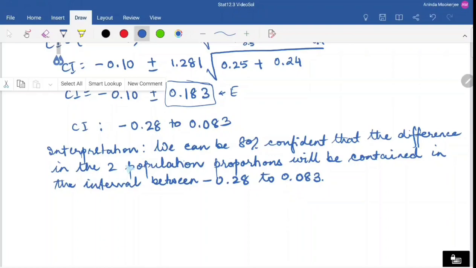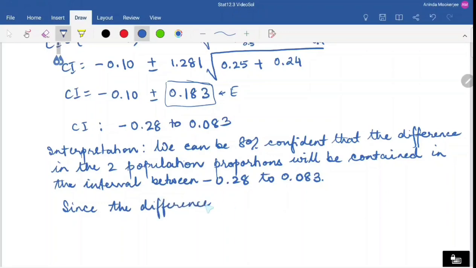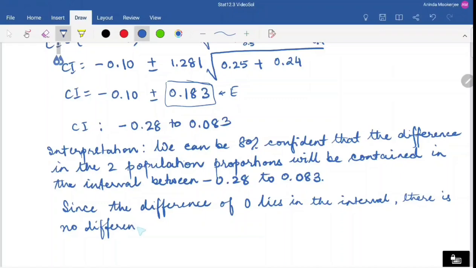So we can say that since the difference of zero lies in the interval, there is no difference in the proportions.